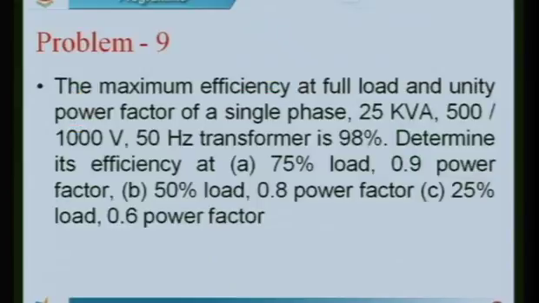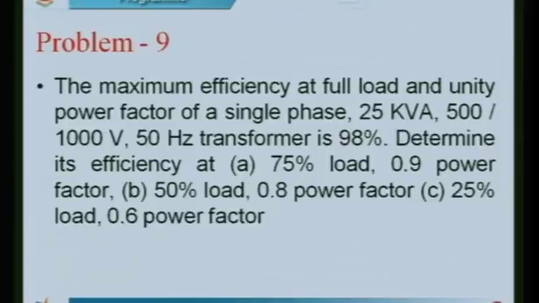The maximum efficiency at full load and unity power factor of the single phase transformer is 98%. This maximum efficiency occurs for this particular problem at full load condition. For the efficiency to be maximum, the variable loss should be equal to the constant losses. Therefore the copper loss, which is the variable loss, should be equal to the iron loss.